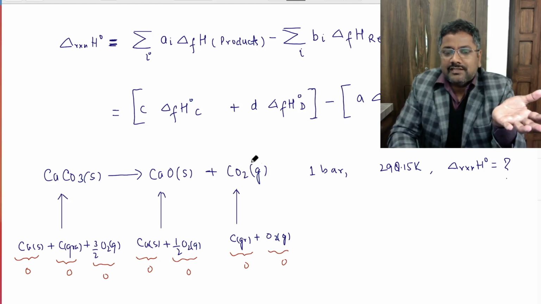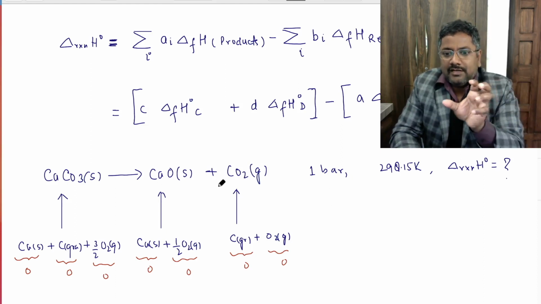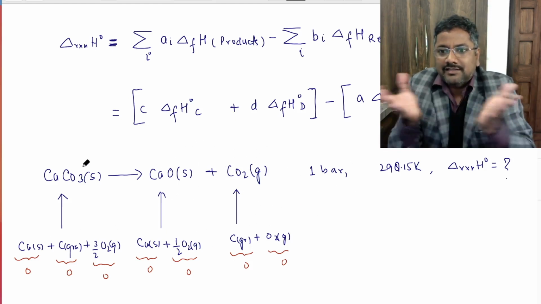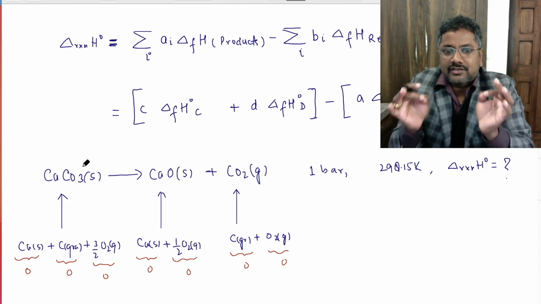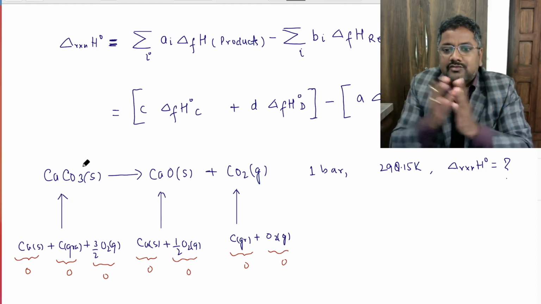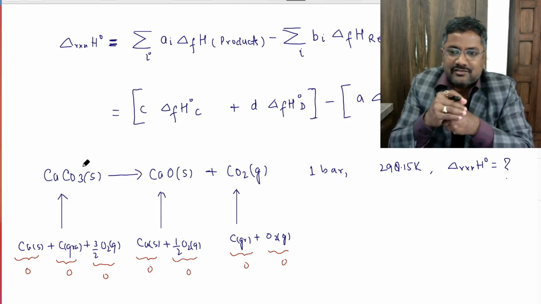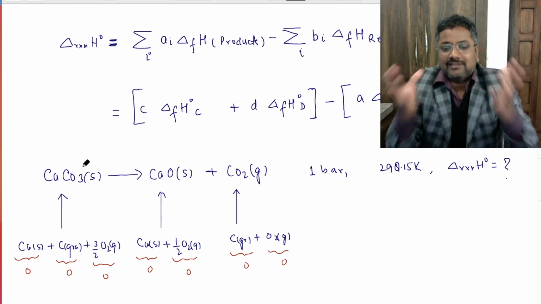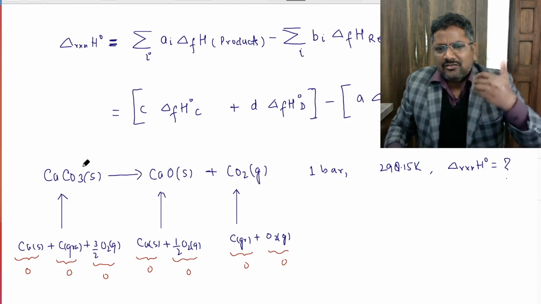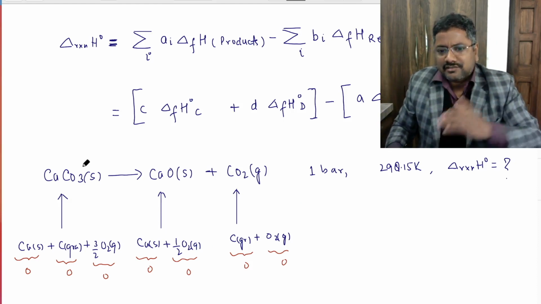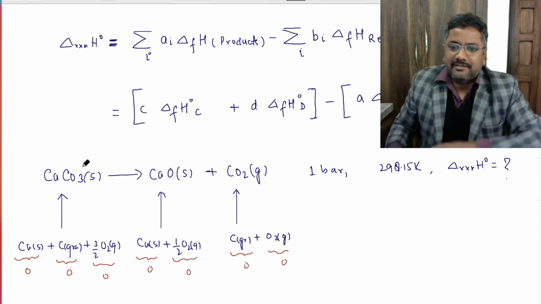So whatever the enthalpy of formation of carbon dioxide and of calcium oxide, from the addition of these two, if you subtract that of calcium carbonate, you will get the enthalpy of this reaction. So enthalpy of any reaction can be explained in terms of enthalpy of formation. That's why I am telling you that this is the master case. Other reactions are defined in the same manner.